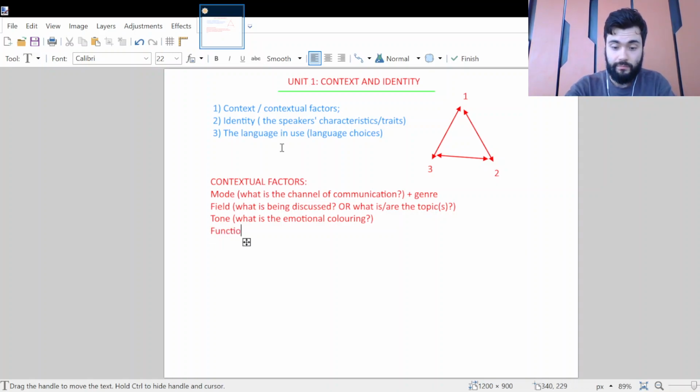Function or purpose. By the way, this one keeps on confusing me because though these terms seem to be interchangeable, however, not always do we see that they are interchanged.